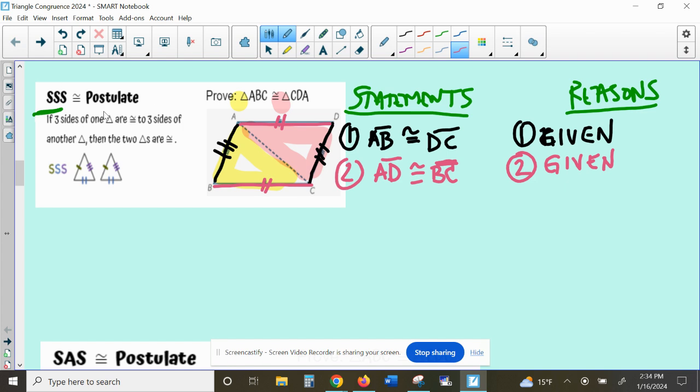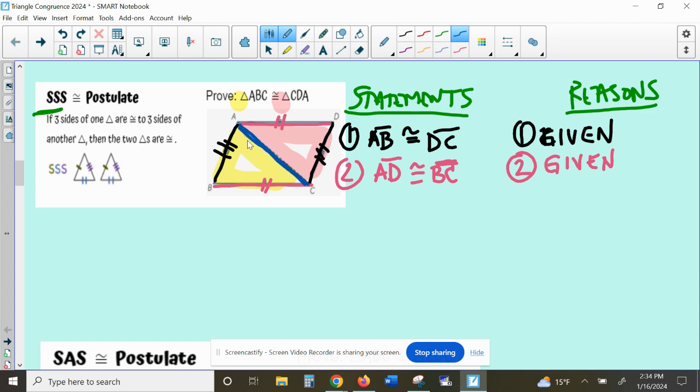Okay, this postulate said we had to name all 3 sets of sides. Now, what is the third side of this picture? The yellow triangle has this blue side as its third side, and the pink triangle also has this as a side.